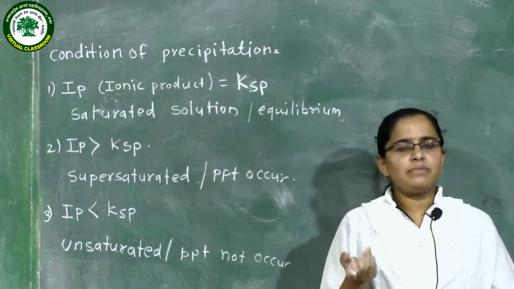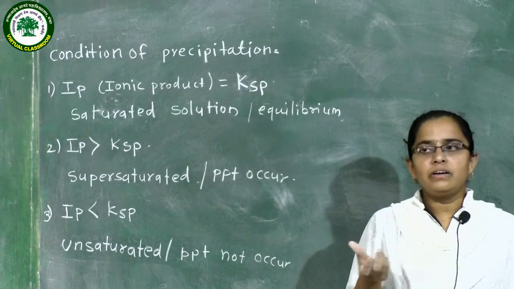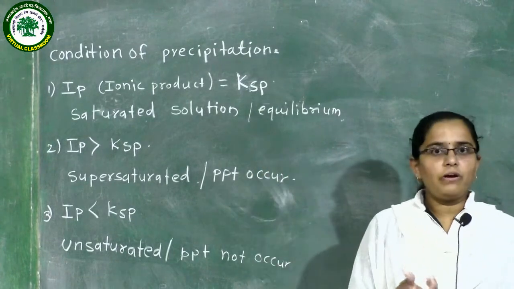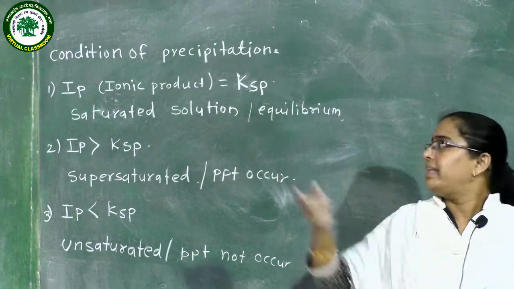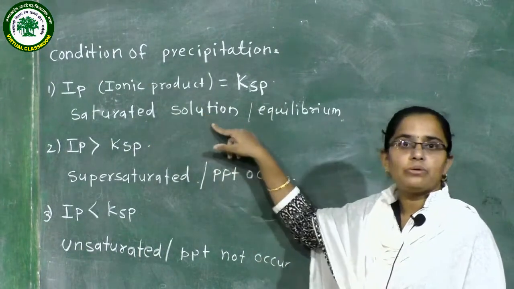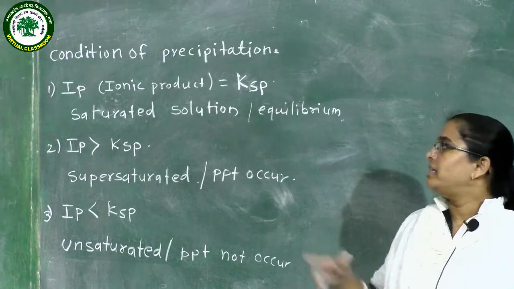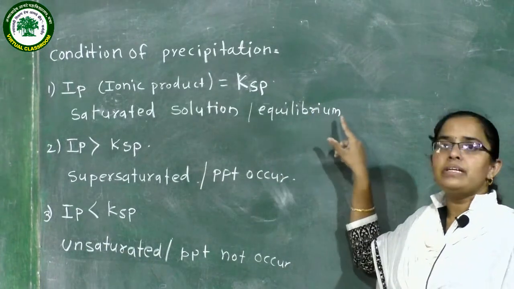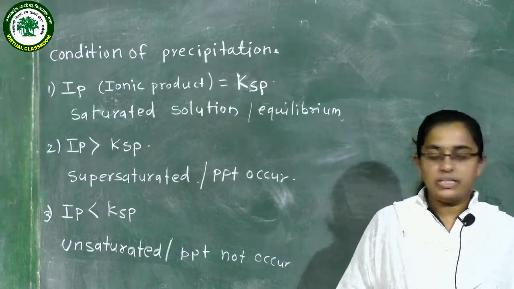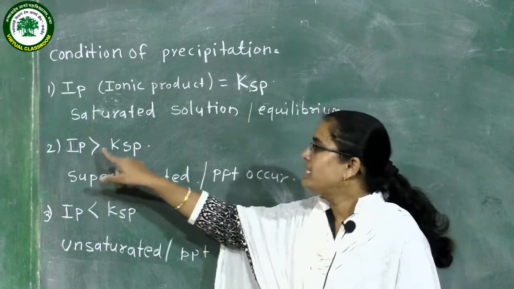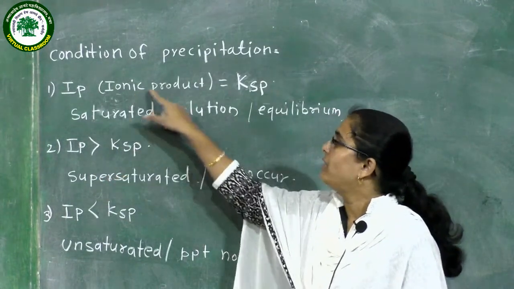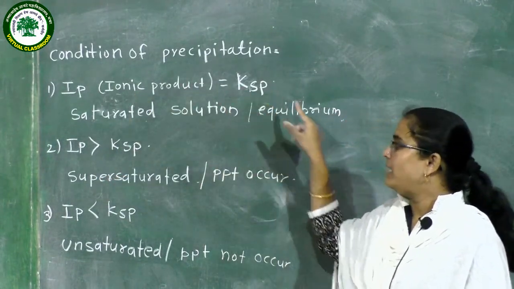There are three cases. Suppose we mix 1 cup water and sugar until no more dissolves, then a saturated solution is formed. At that time equilibrium is established in the solution. Second case is IP greater than KSP, meaning ionic product is greater than solubility product.